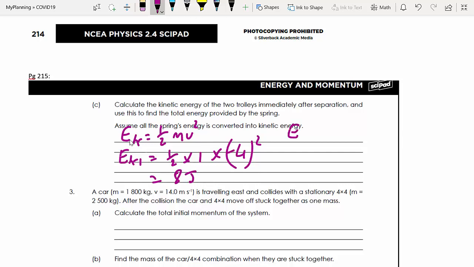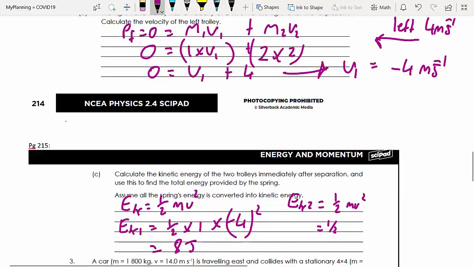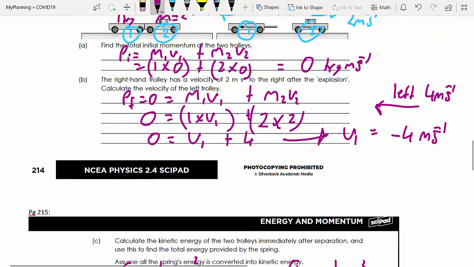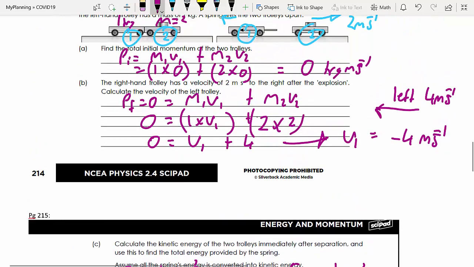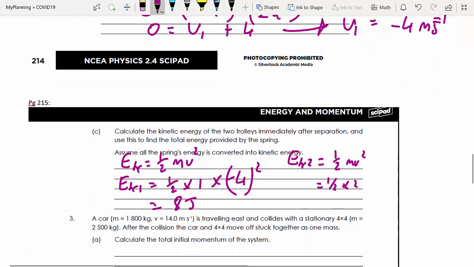Then for EK2, it's going to be a half mv squared. That second trolley had a mass of 2 kilograms and a velocity of 2 meters per second. So 4 times 2 is 8 divided by 2 is 4 joules.